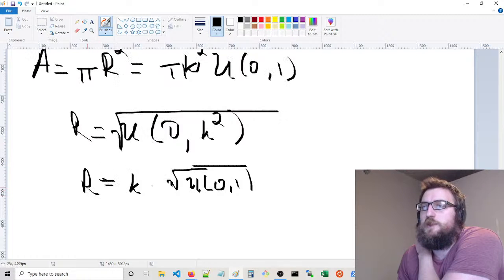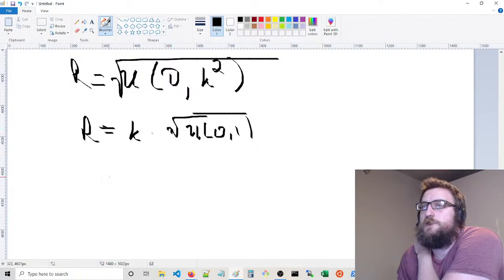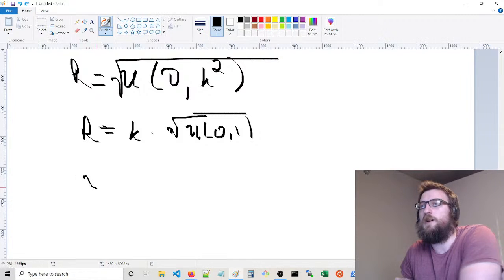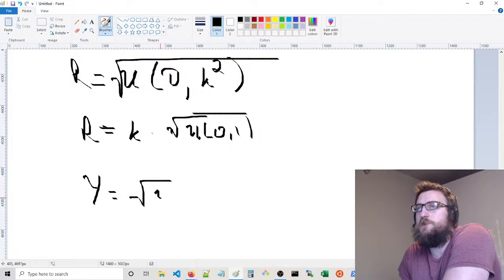So we just multiply k by this, and let's call this y, is equal to the square root of u 0, 1.